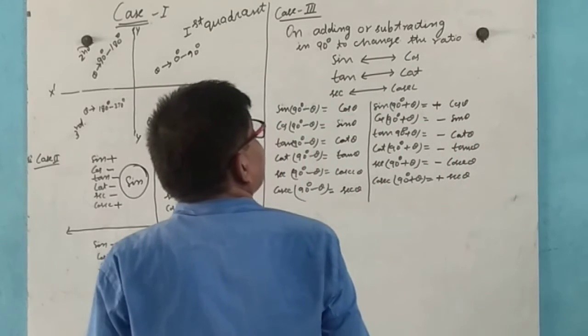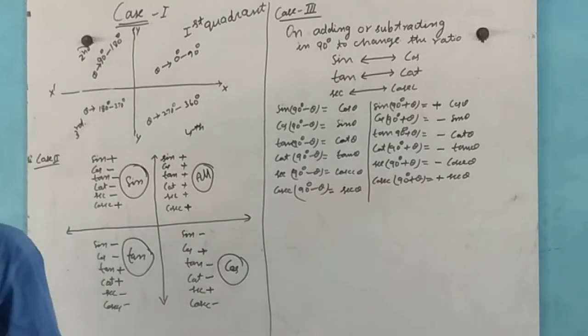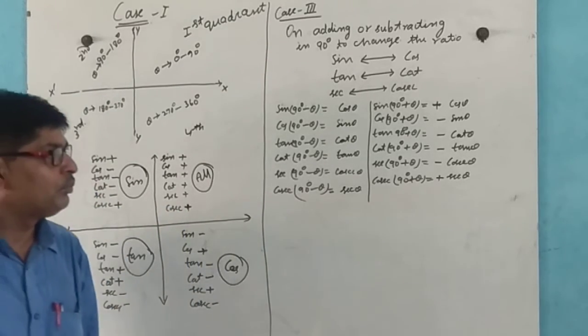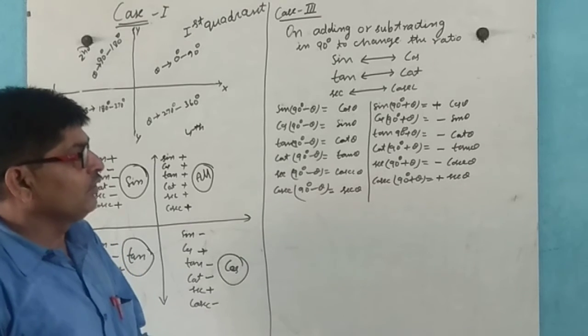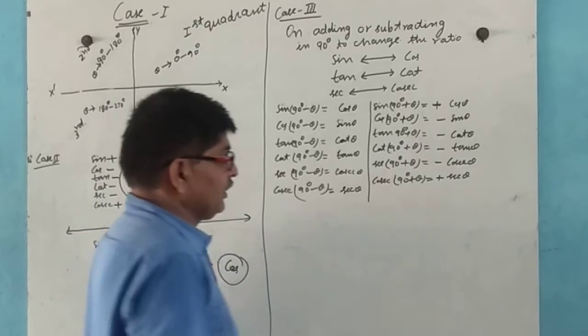Sin 90 plus theta equal to cos theta, but cos 90 plus theta equal to minus sin theta.